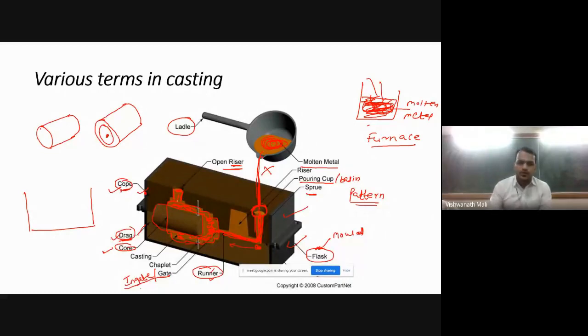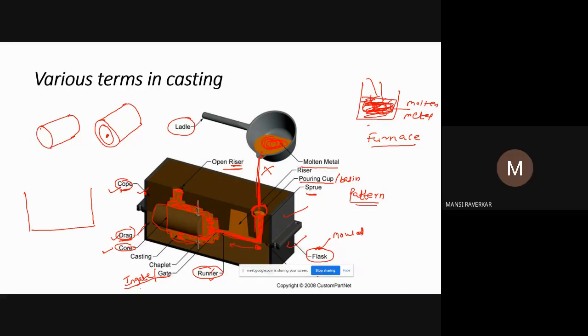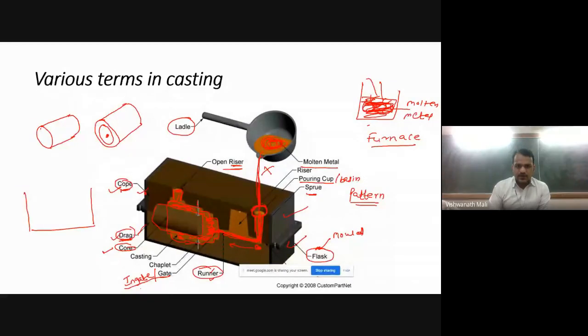Okay. Now, excuse me, sir. What is the function of the other riser, the one above the runner? So here, as I said, if suppose the part size is very large, then we make this sprue also very large.